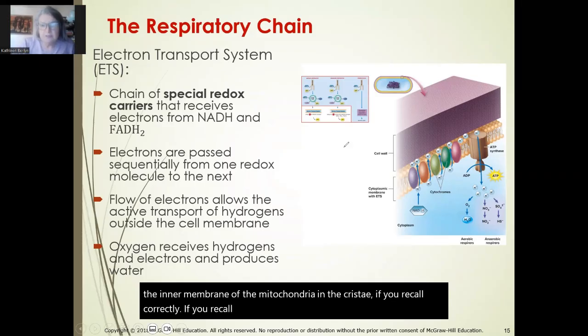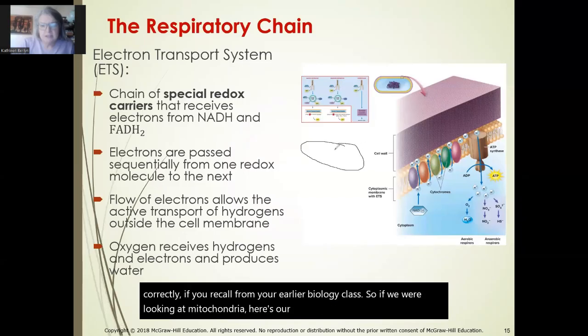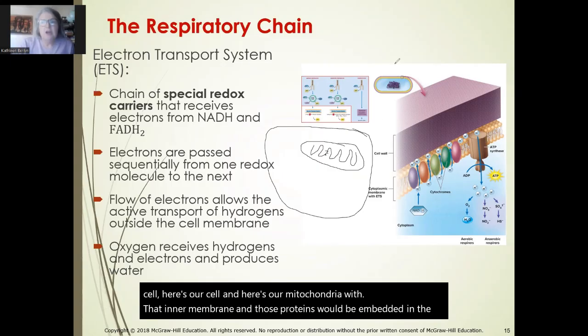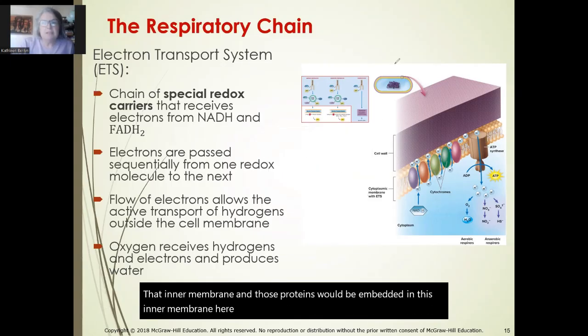So if we were looking at mitochondria, here's our cell, and here's our mitochondria with that inner membrane, and those proteins would be embedded in this inner membrane here. But we're talking about bacteria, so where is that going to happen?